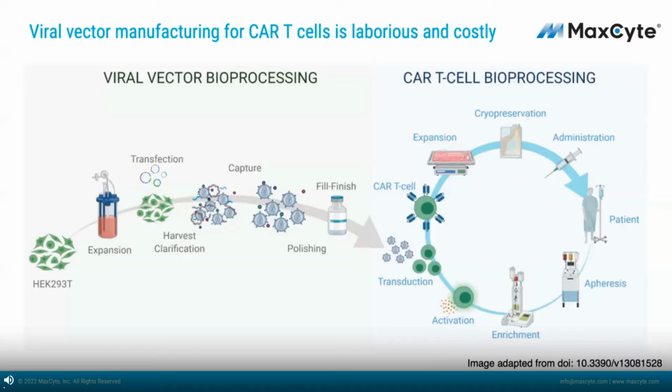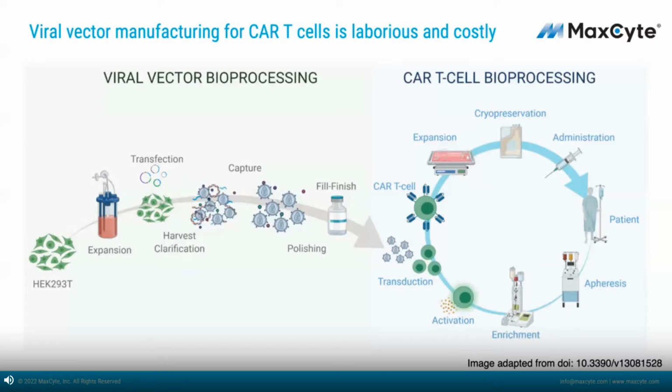So on this slide, I put up a simplification of the entire process, not just the CAR T cell bioprocessing, which you saw on the previous slide, but also the viral vector bioprocessing, which needs to happen to generate the CAR vectors, which are used for stable integration.